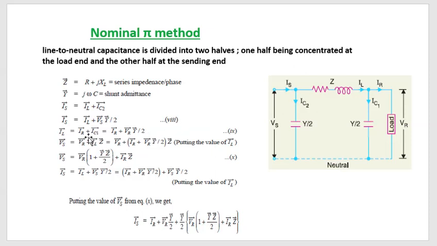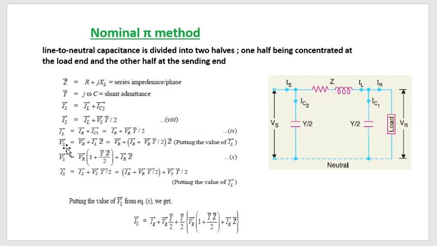Next we have IL is equal to IR plus IC1, and if we put the value of IC1 we get IR plus VR into Y divided by 2.